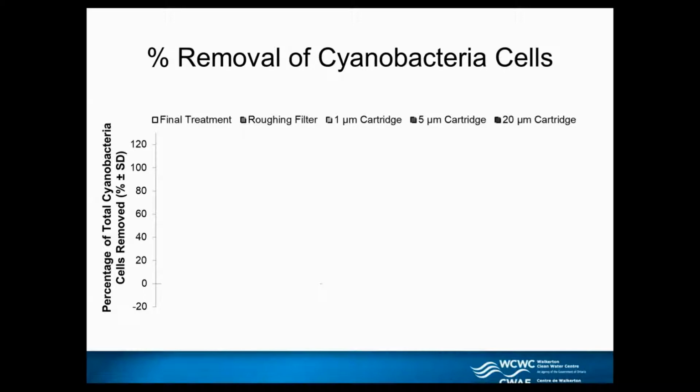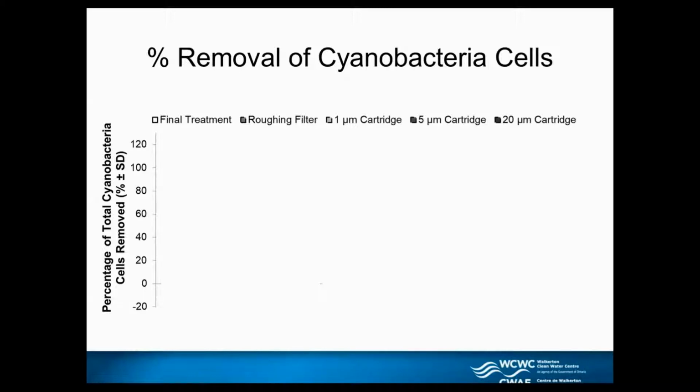So what I'll show you here is, on the vertical axis, we have the percentage of total cyanobacteria cells removed. And these are going to be stacked bars. Each color of the bars represents a different stage of the water treatment process. So the darker the stage, the earlier it is: the 20 micrometer cartridge filter, followed by the 5 and the 1 micrometer cartridge filter.